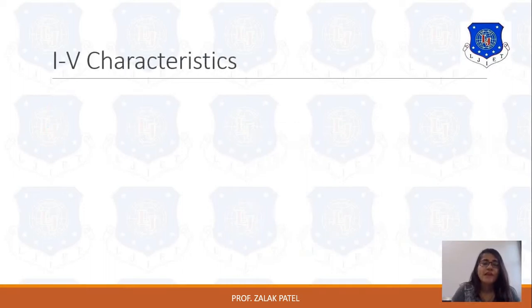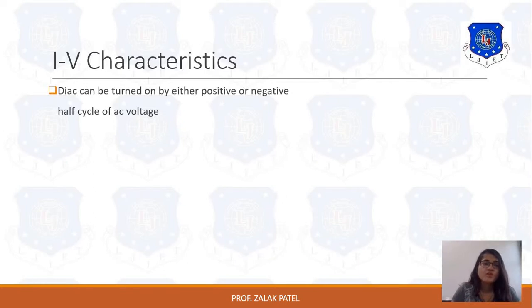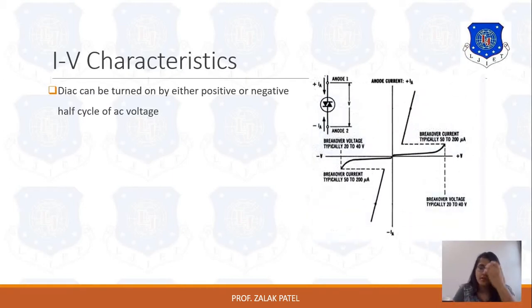Let's see the IV characteristic of DIAC. DIAC can be turned on by either the positive or negative half cycle of AC voltage. For this, consider this figure. Here you can see that its characteristic is almost similar to TRIAC, in that it operates in the first and third quadrants, as we already discussed for TRIAC.